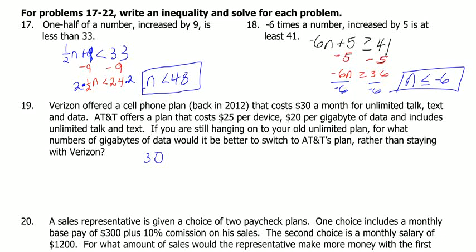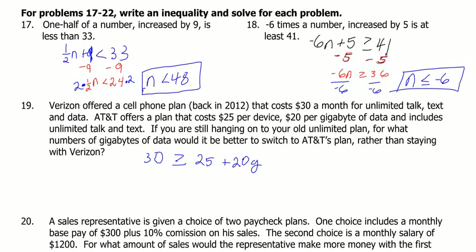So we're looking for where this is going to be greater than or equal to $25 plus $20 per gig, and includes unlimited talk and text. For what number of gigs of data would it be better to switch to AT&T's plan rather than staying with Verizon?